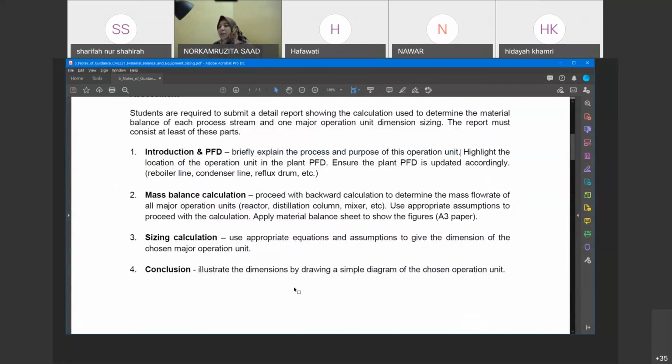Lukis kat Visio tu berapa tinggi dia, berapa lebar dia, berapa thickness dia. Tak perlulah thickness sebab dia tak sebut pun nak suruh thickness tu. Dia nak dimension je. Just tinggi je lah kan? Estimate? Mana boleh estimate? Just tinggi je. Tinggi, diameter, yang pernah belajar. Kalau biasanya kita kena tahu tinggi dengan diameter, tu je.